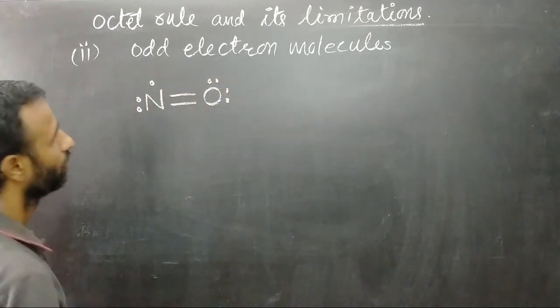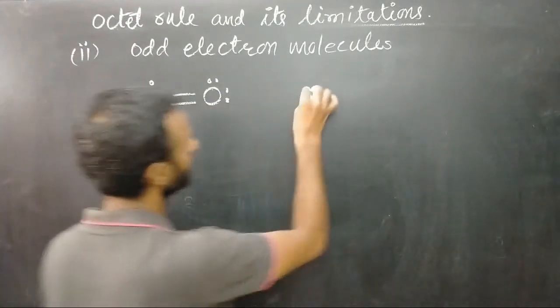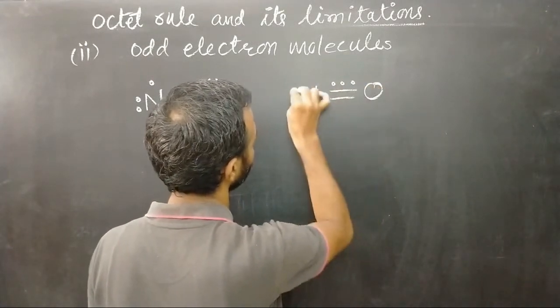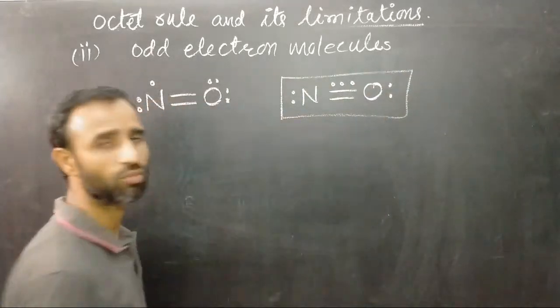So this molecule NO can be written like this or this. This is an odd electron molecule.